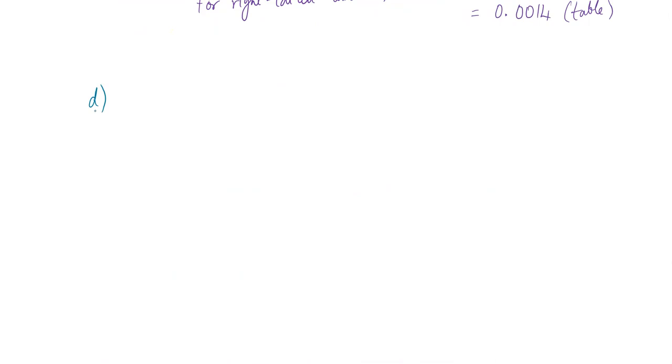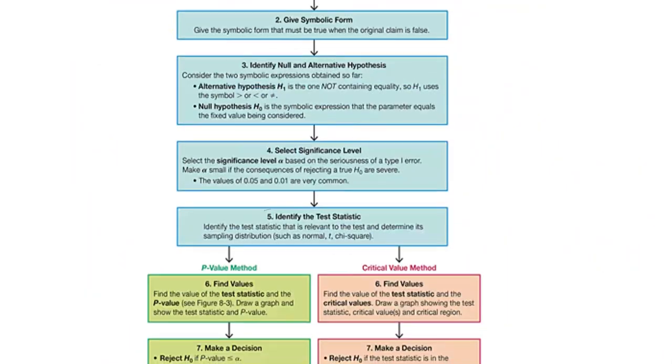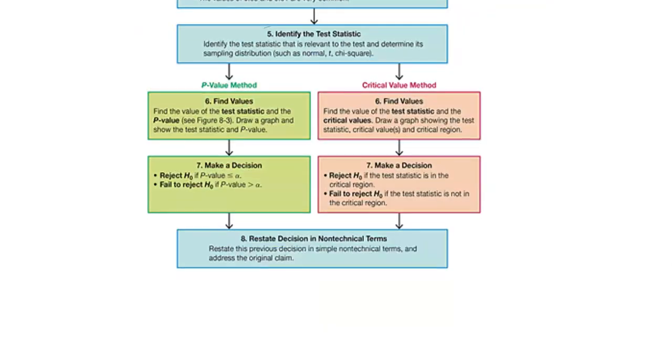For this, again, let's go to the steps. So we just did step 6. Now we have step 7 to do, and then we would be able to make our conclusion. Step 7 related to the p-value method says, reject H naught if p-value is less than or equal to alpha.